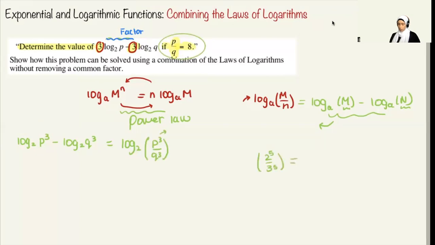I can rewrite this as 2 over 3 all to the power of 5 because this goes inwards to both anyways. All right, so let's do the same thing over here. This is going to equal log base 2 of p over q to the power of 3. And we know that p over q is 8, so I can rewrite that. I can go log base 2 of 8 to the power of 3.